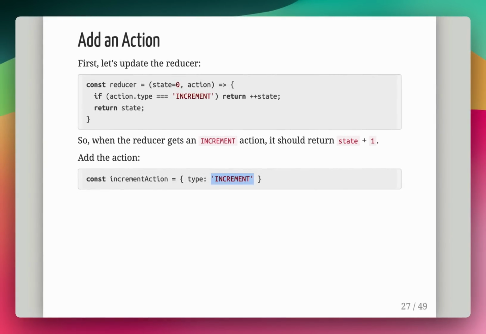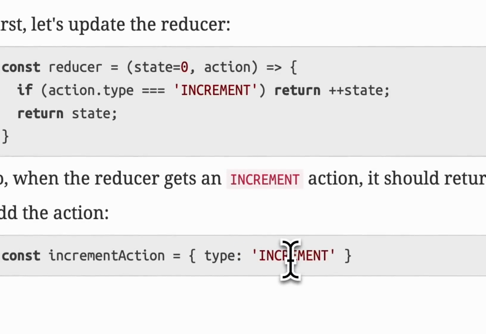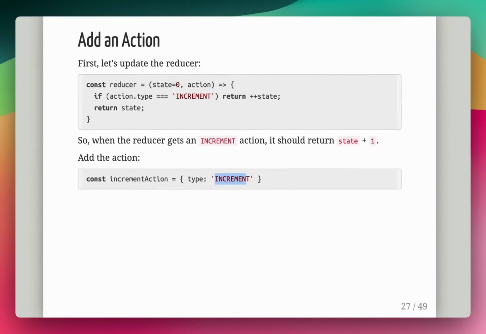payload key. A payload key holds the data that the reducer function needs to access. For example, in case instead of an increment action, you need to add a certain value to the existing state, then you will call the type to be add, and the payload key will be set to whichever value the user enters in an input box.